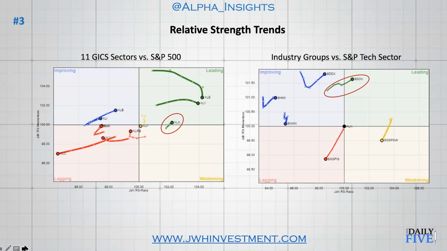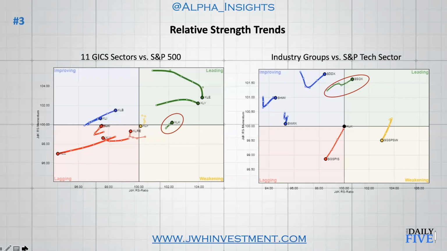And what we're seeing here on the circle that I've highlighted with the red circle is that the semiconductor index is accelerating to the upside into the leading quadrant, while the rest of the group is somewhat weak, lagging. Disk drives are starting to come around, but they're still well behind semiconductors. So semis really stand out as, in our opinion, the strongest group within the strongest sector with the best relative strength momentum at this point.